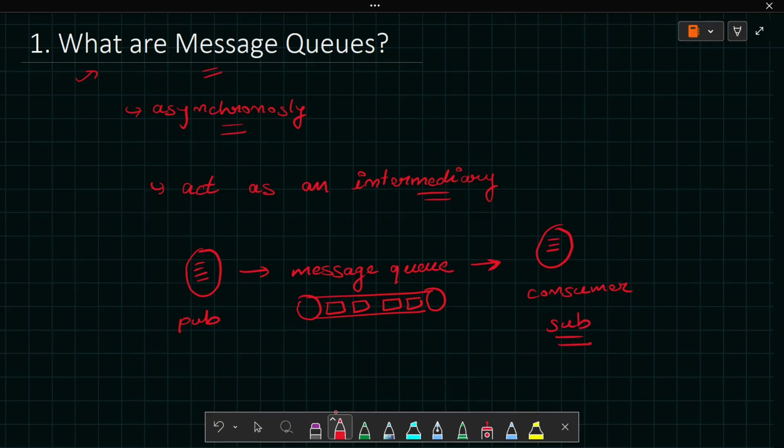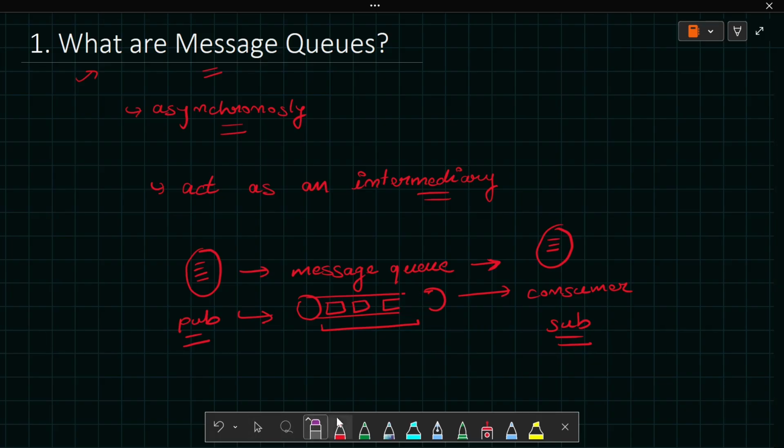So what we are doing is the publisher is sending a message and temporarily the message queue is holding that message. It is storing that message in a queue form, and then it is going to give it to the consumer. Suppose this message is consumed. Now we can easily remove this message here.